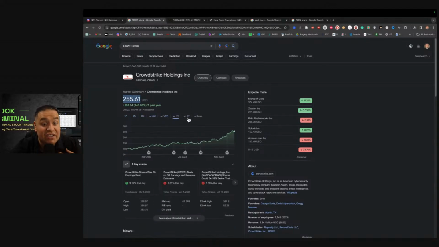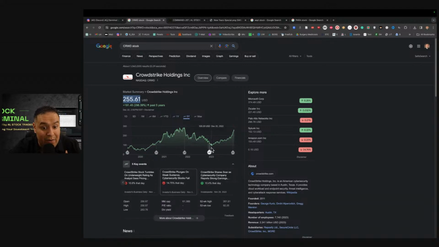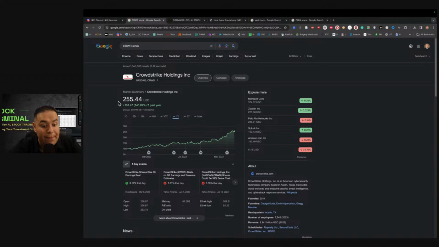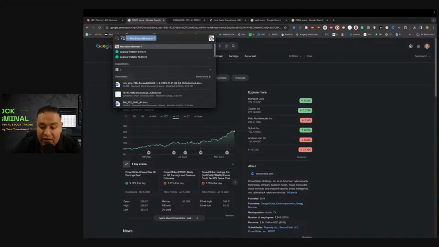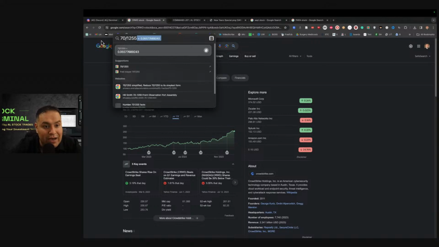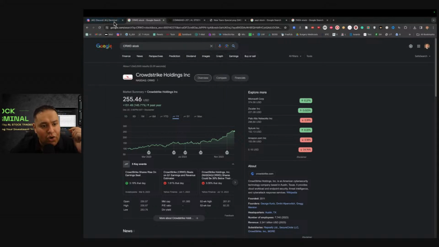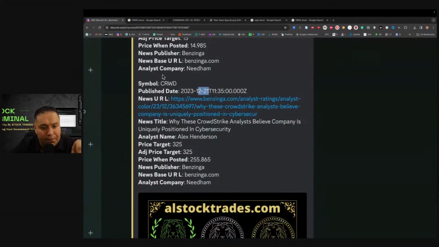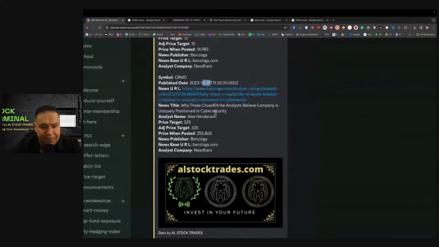This is a stock that I've covered before and I've been hitting it around here, and look how much it's gone up. This is one of the winners. But let's assume you get in right now, 325 minus 255, which is 70, divided by 255. You get a 27% return. Okay. So there's the analysis there.